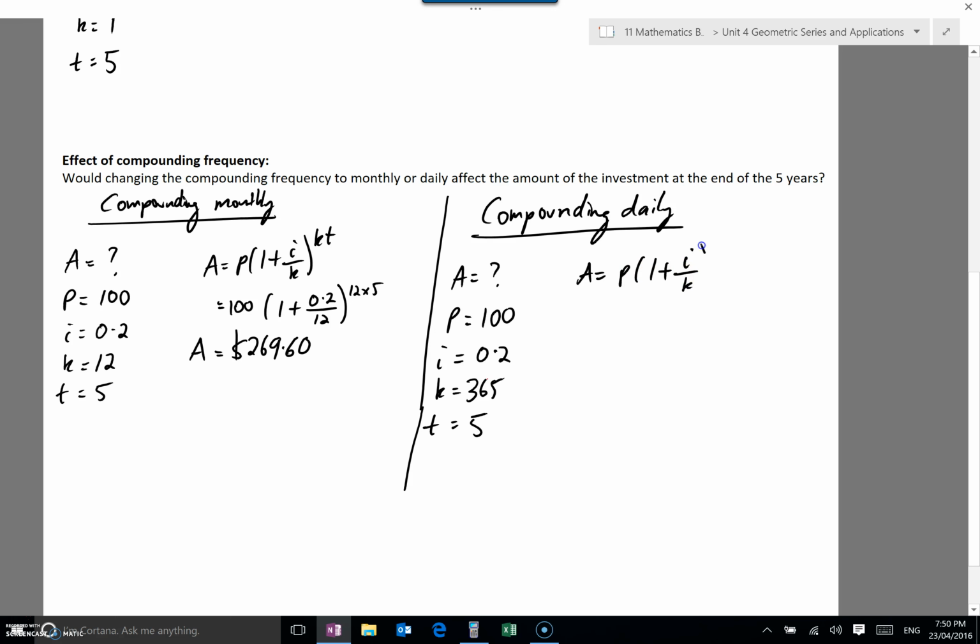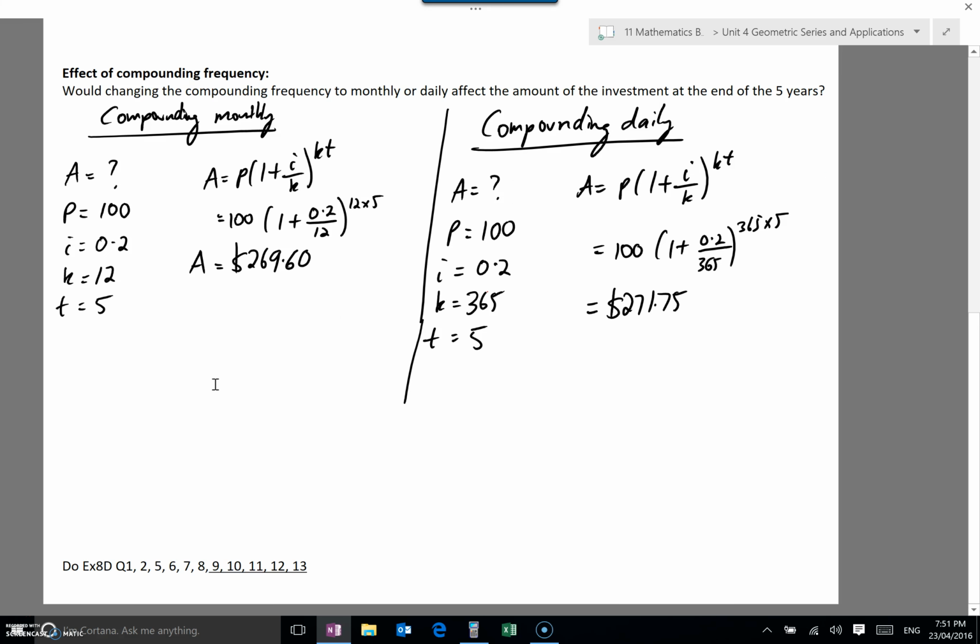And hopefully it's intuitive that the amount that we end up with at the end of the period will also be bigger. Let's see how it goes. By compounding daily, we've made another about $2.15 just by calculating it each day. And obviously a computer would do those calculations on a daily basis for us.